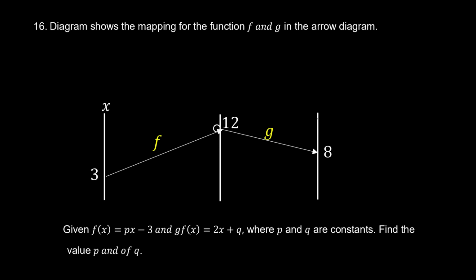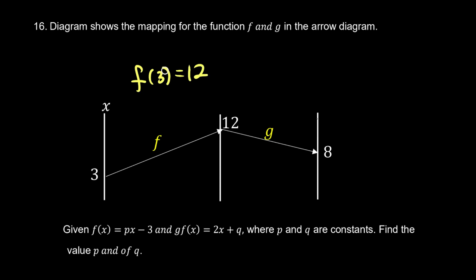Usually for this kind of question, we try to translate it into equations first. How do we translate it? We know this is the f function, so write down f. When you receive 3 as the input, we have the answer of 12.